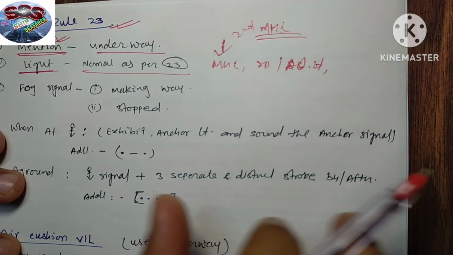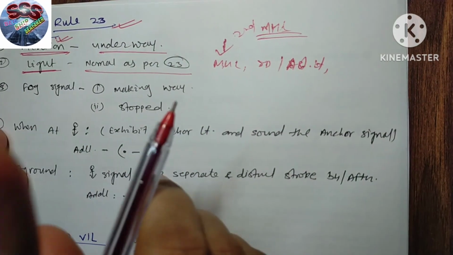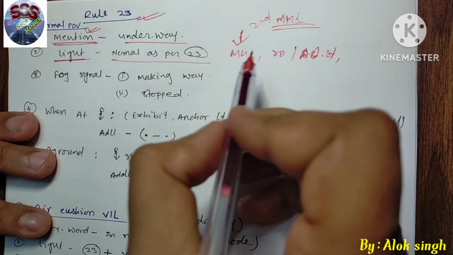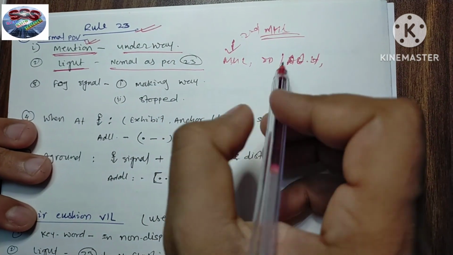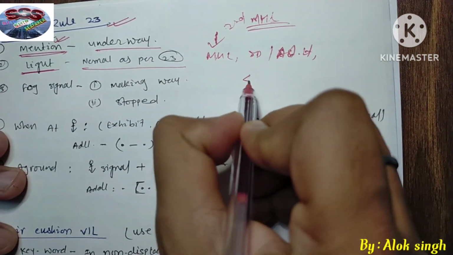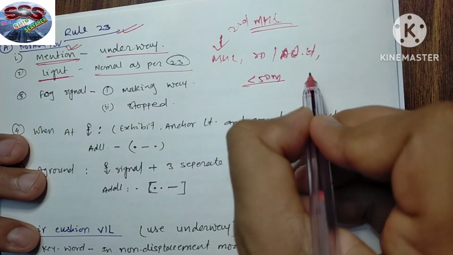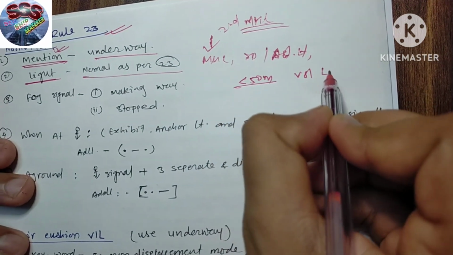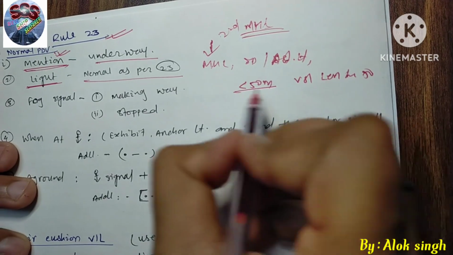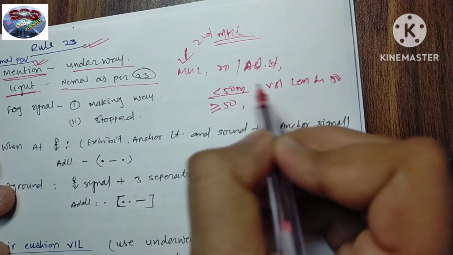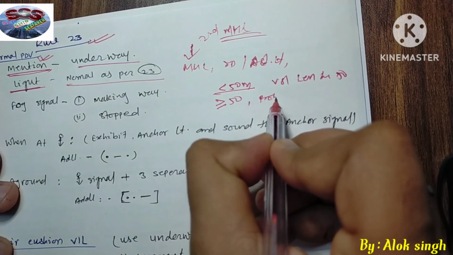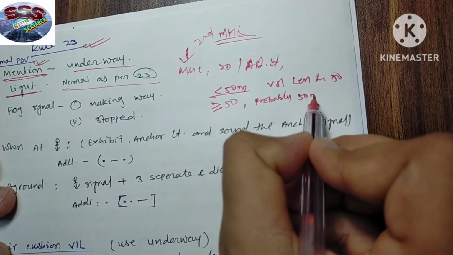Here also, whenever we talk about the card, one thing I will mention, because many people do not take care, and when you come in front of the surveyor, that will be a mistake. Whenever the vessel is less than 50 meters, we just have to say vessel less than 50 meters. And for 50 meters or more, it is not only more than, but more than or equal to, so we have to say 50 meters or more.